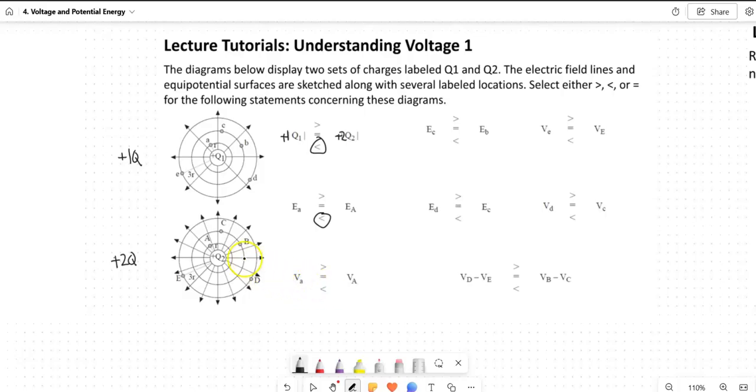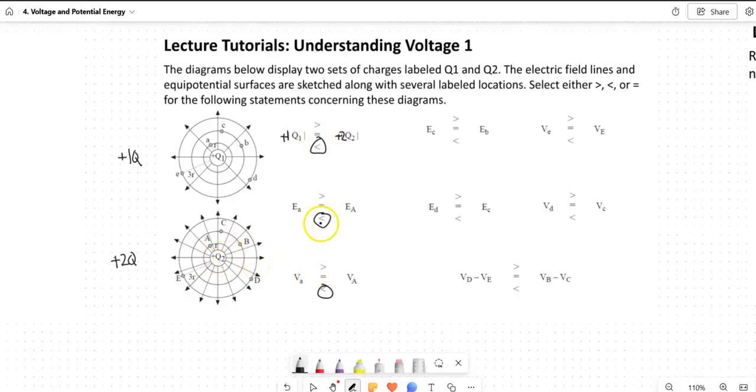And since this is positive 2Q, the voltage at capital A is twice the height, since it has twice the Q. This distance is R, and this distance is 3R away, so 1, 2, 3. This is 1, 2, 3.